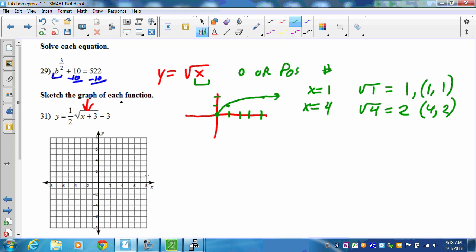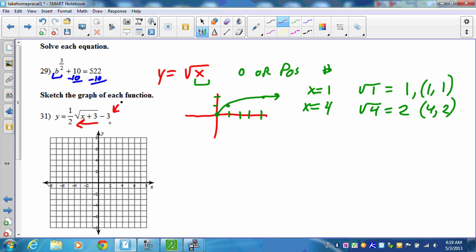Well, the rest of this is just applying the basics of transforming graphs. And remember that when it's the x value, we think about the opposite, right? So we're going to shift the graph horizontally to the left 3 because negative 3 plus 3 is equal to 0, right? And this portion is the vertical shift.